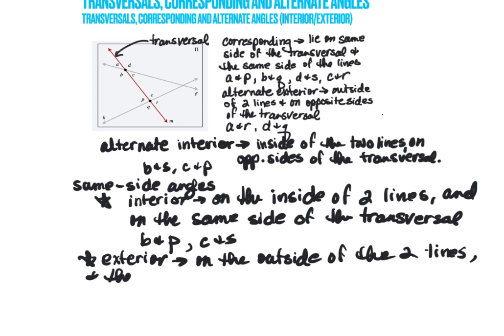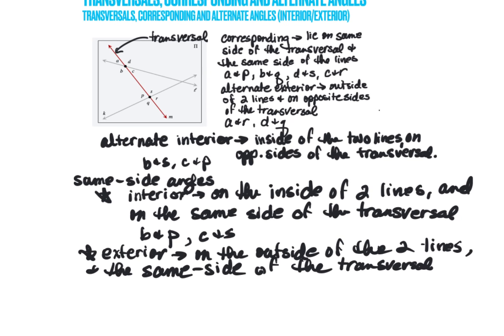And the same side of the transversal. So that would be A and Q, and D and R. So A and Q, D and R.